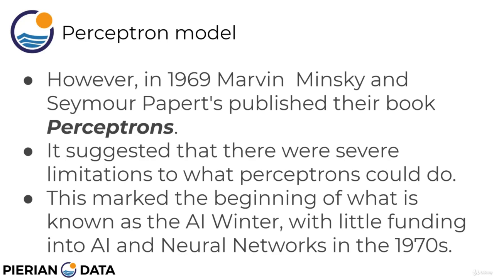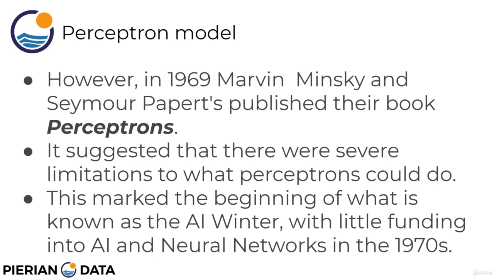Back in the late 1960s, there wasn't really enough computational power to make full use of the perceptron mathematical model. The publication of this book marks the beginning of what's known as the AI winter, where very little funding went into research in artificial intelligence and neural networks in the 1970s.